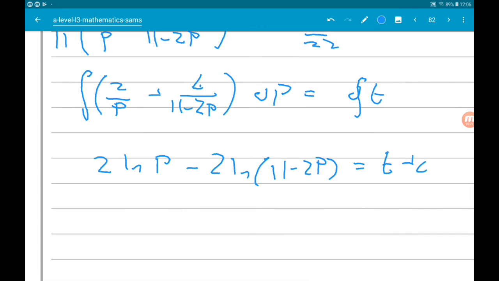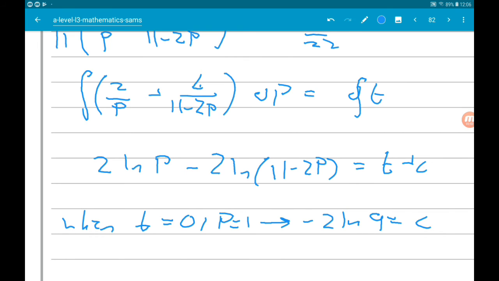So when T is 0, P is 1, so that tells us, well, 2 log of 1 is 0, we get minus 2 log of 9 is equal to C. Because T is 0.